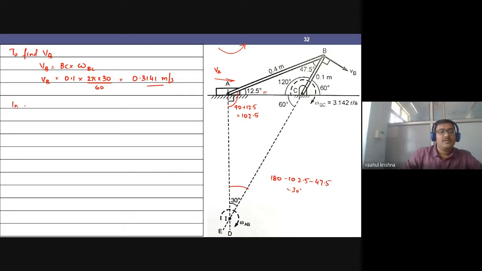Now in triangle IAB, AB equals 0.4 meters, angle IAB equals 102.5 degrees, angle IBA equals 47.5 degrees, angle AIB equals 30 degrees.